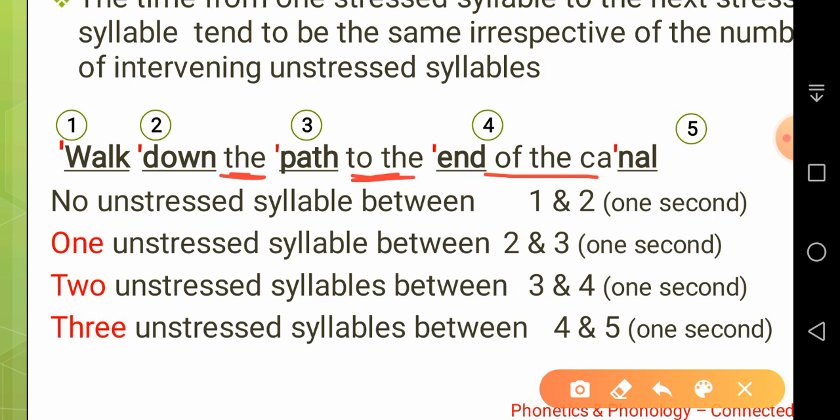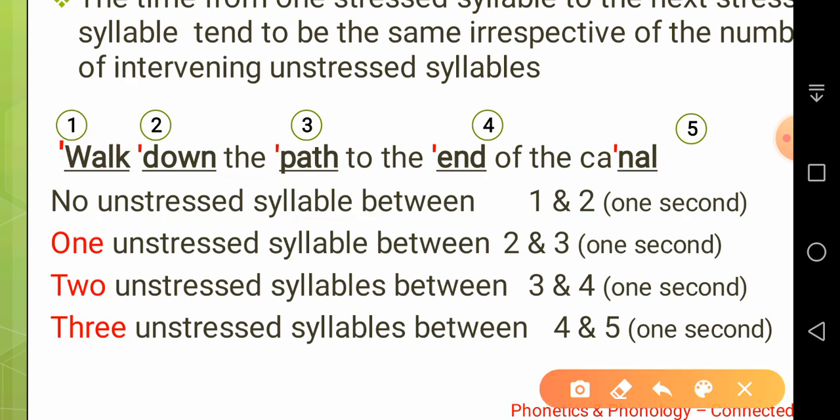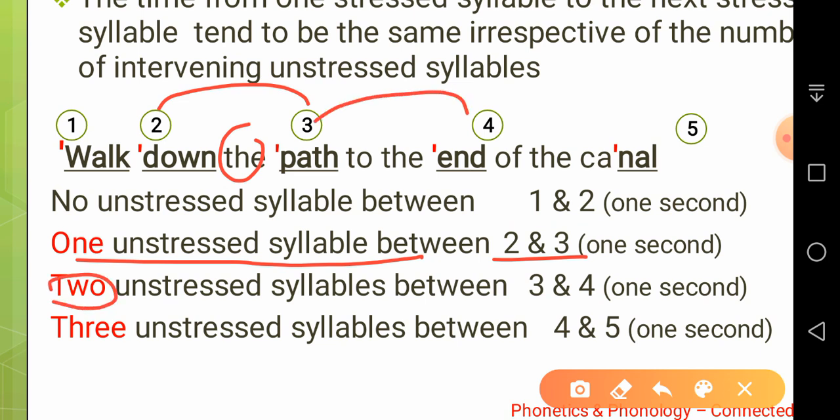Now what happens in English speech? Let me first explain that from 1 to 2, syllable 1 and syllable 2, there is no unstressed syllable between these two syllables. So if I pronounce these two syllables in 1 second, what happens now? From 2 to 3 there is one unstressed syllable, and from 3 to 4 there are two unstressed syllables.